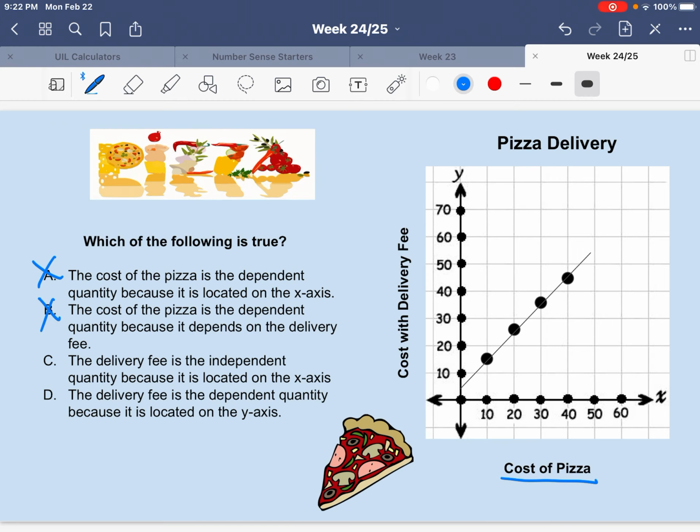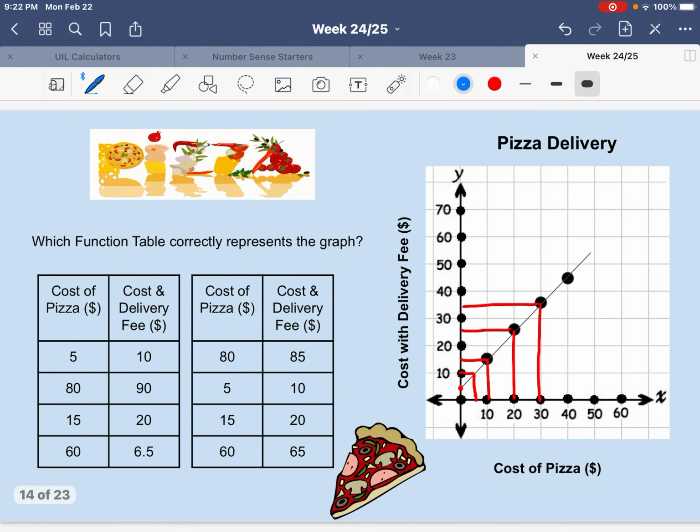C, the delivery fee is the independent quantity because it's located on the x-axis. No, the delivery fee is on the y-axis, so that's not true. D, the delivery fee is the dependent quantity because it is located on the y-axis. Yes, that's true. We just said that.